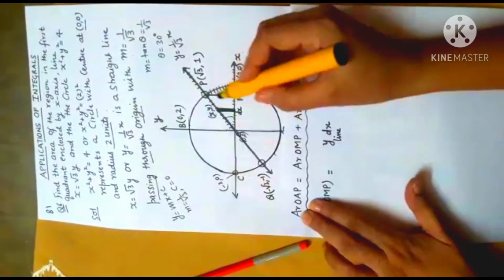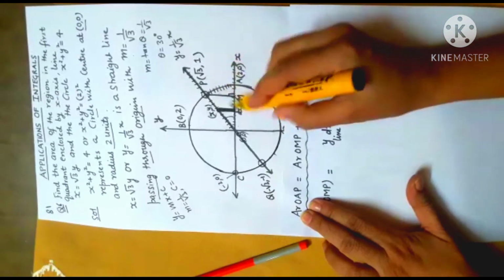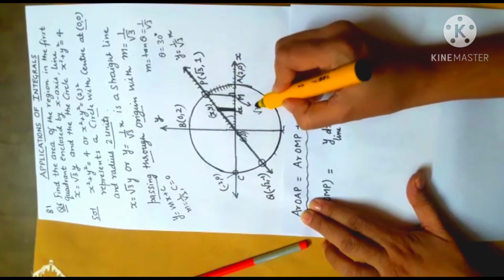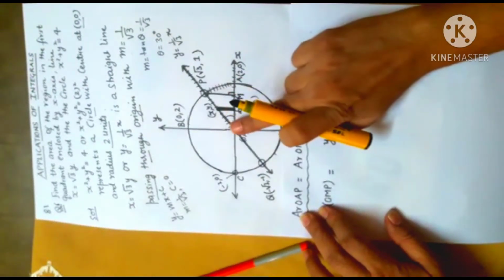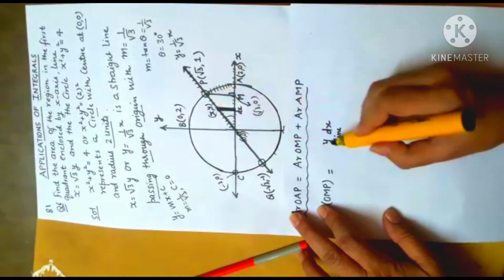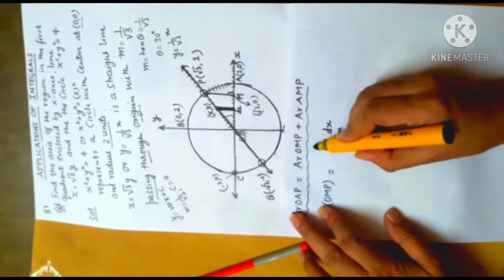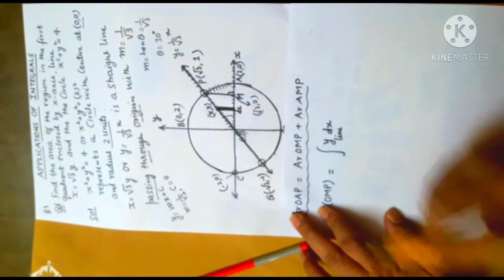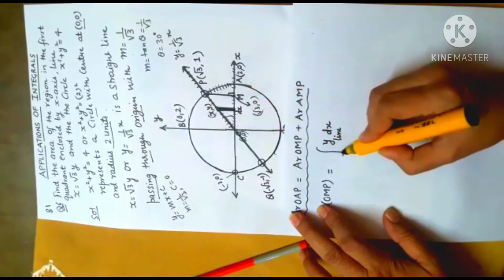Now, what are the coordinates of the point M? Yes. Do you agree? Coordinates of the point M will be root 3 comma 0. So, in order to get the area of this region OMP, I'll integrate this area of the elementary strip within the limits 0 to root 3.